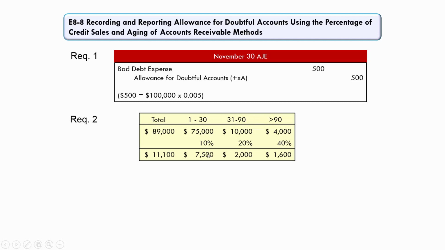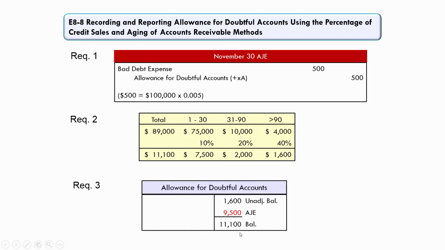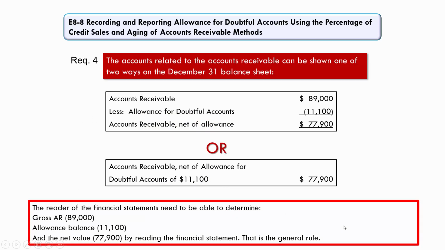You multiply, you get the amounts, and you need to have $11,100 as your balance in the allowance for doubtful accounts. So, if that's the case, and you have a current balance of $1,600, you need to put $9,500 more credit in the allowance for doubtful accounts to make it right, or you're going to record bad debt expense of $9,500 to make that work.